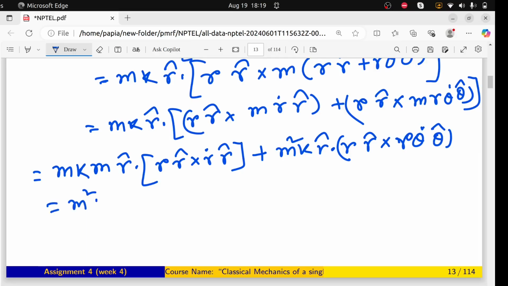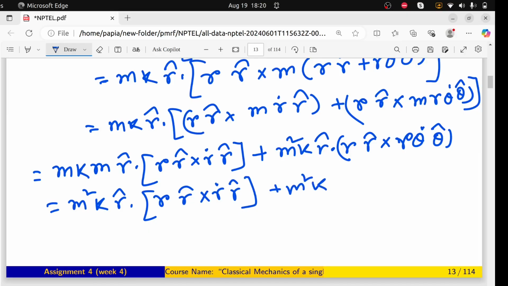So m square k r cap dot r cap r dot r cap plus m square k r cap dot r cap plus r theta dot theta cap.